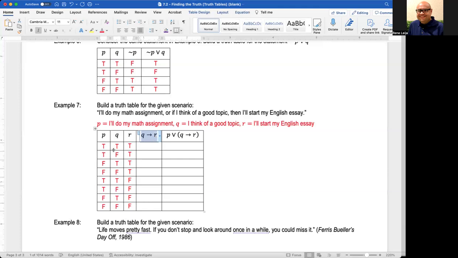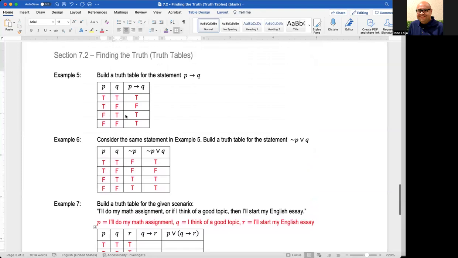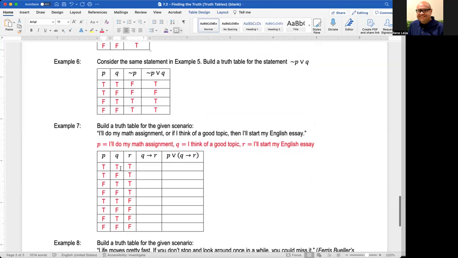If Q, then R. So we come back up here. Here's our conditional. Remember, the only time that our conditional statement is false is when true, if true, then false. That statement is false. So if it's T to F, it's false. Everything else is going to be true.